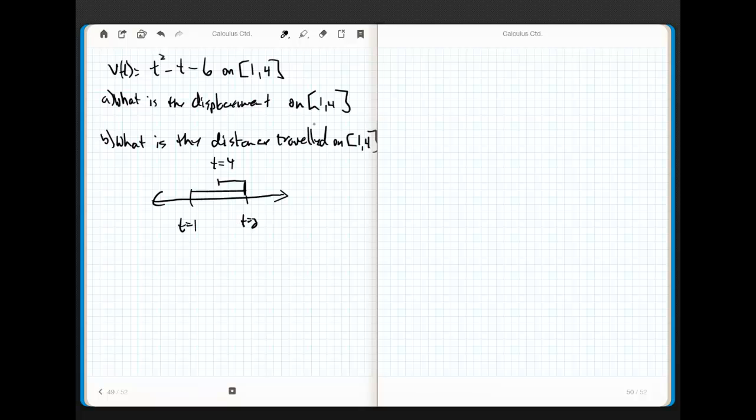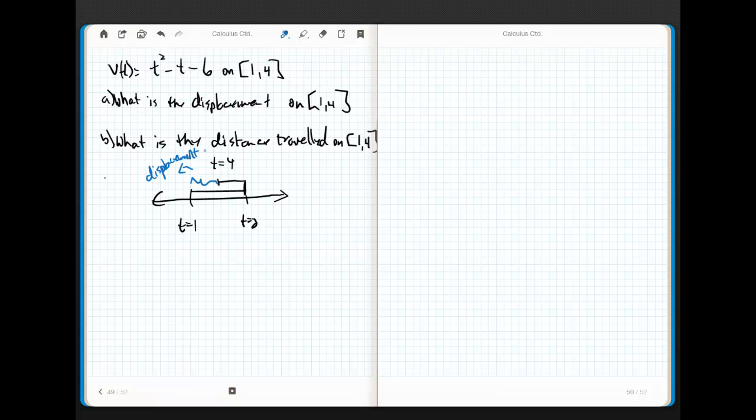I have no idea if this is the behavior of the particle, but I'm just playing. It's actually very simple in terms of the difference between displacement and distance. Displacement is simply the distance between where the particle started and where it stopped. So this guy right here is displacement.